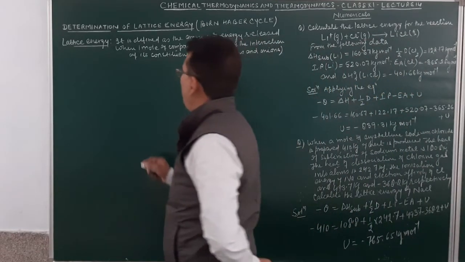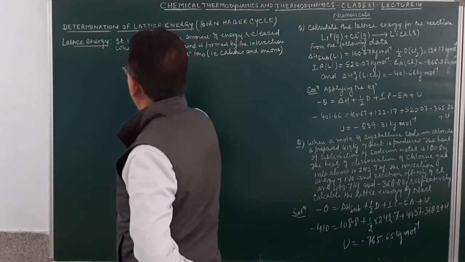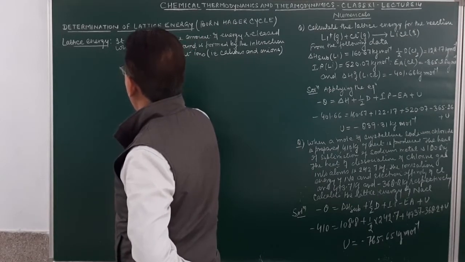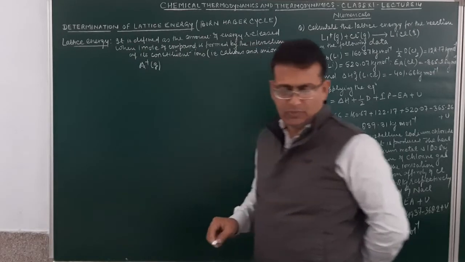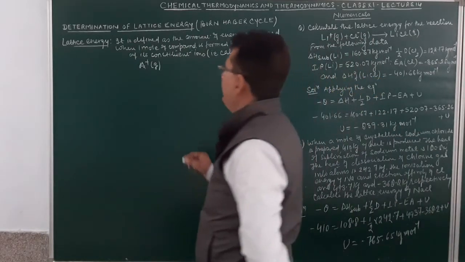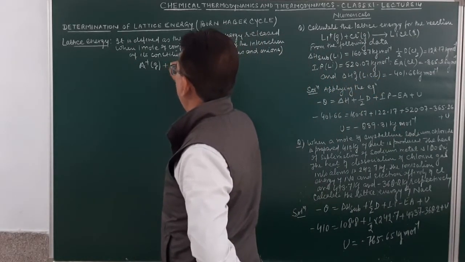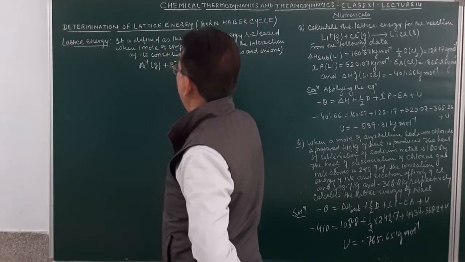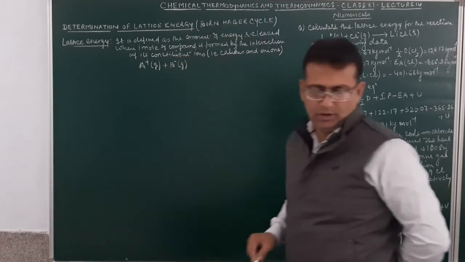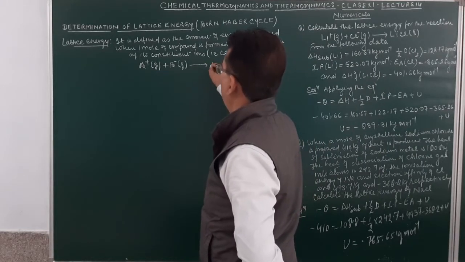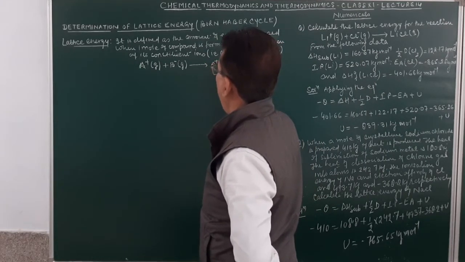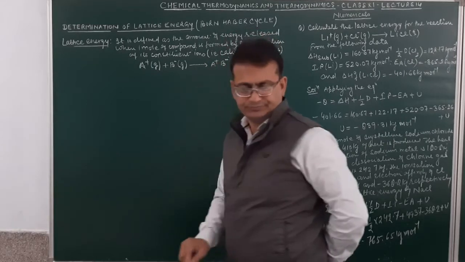Let me say, if we have a constituent cation A positive, in the form of a gas, and it interacts with B negative, which is also in the form of a gas, they combine with each other and result in the formation of A positive B negative.